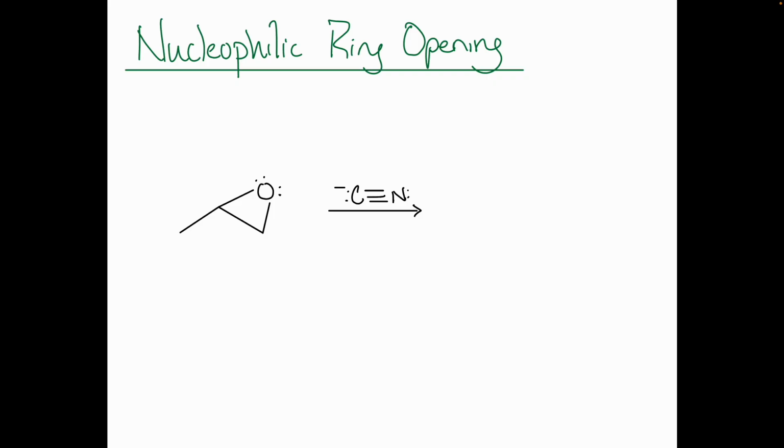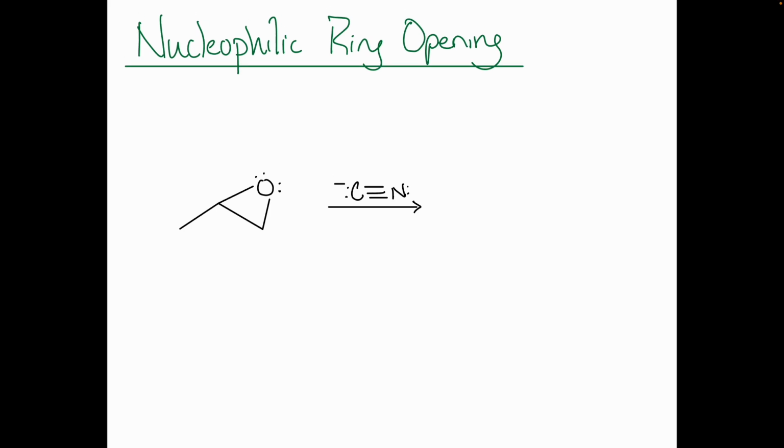And an important first step, and we'll see why this is important, but we're going to get in the habit early on here, is to look at this nucleophile and ask ourselves, is this reaction occurring under acidic or basic conditions? Looking at our nucleophile all by itself, we can tell whether we have an acidic or a basic condition nucleophile. So what do we think for this one here?